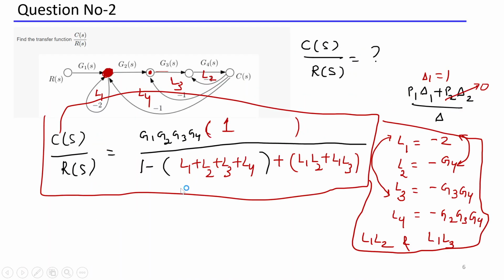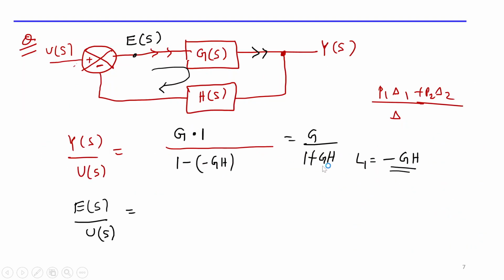I have asked you E of s divided by U of s, the error with respect to input. So how to find that? First of all, tell me from this block diagram, what is the gain at this point? This point gain is nothing but y of s into h of s.